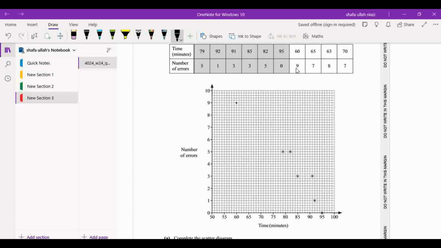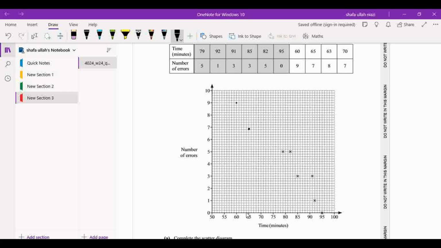Then 65 for 7. 65 is here. Next, 65 is 7. Then 63, 8. 63 is here. 64.